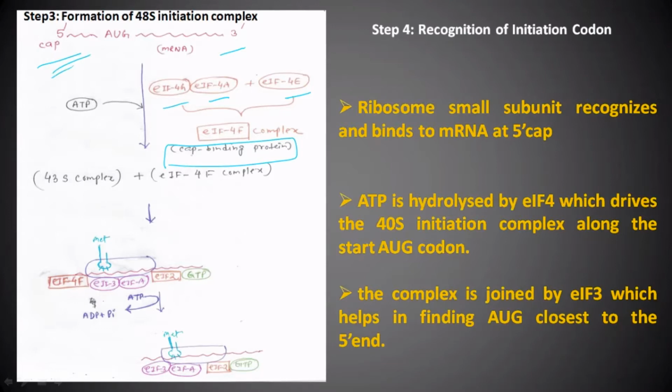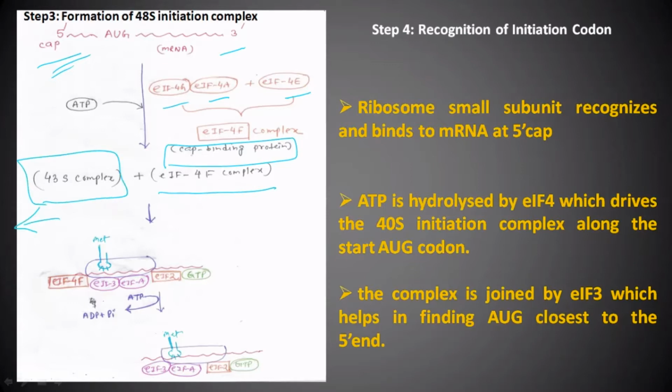Then ATP is hydrolyzed by EIF4, which drives this 40S initiation complex along to the start AUG codon. So you can see this EIF4F complex gets associated with the 43S complex, which I have discussed already.